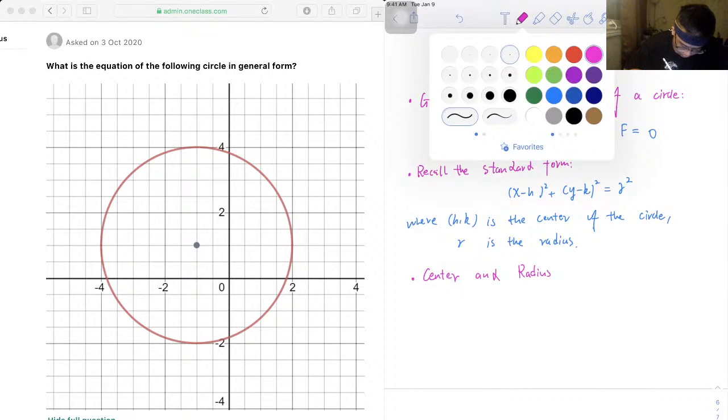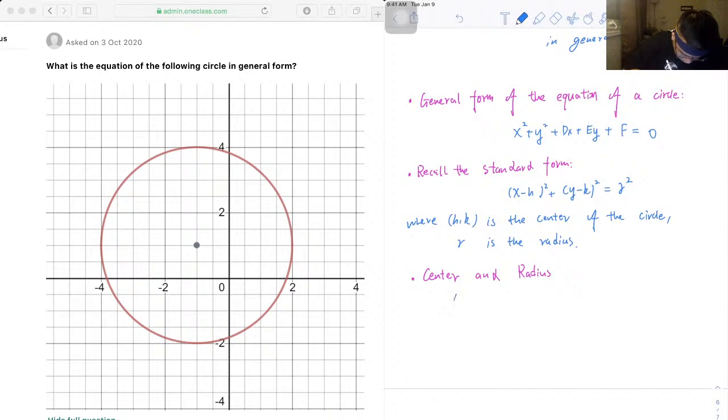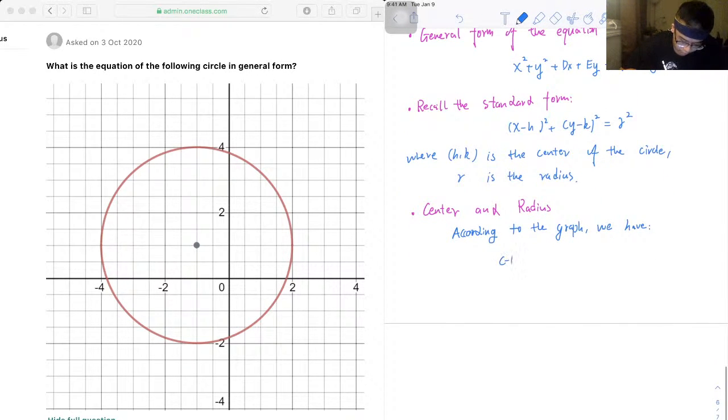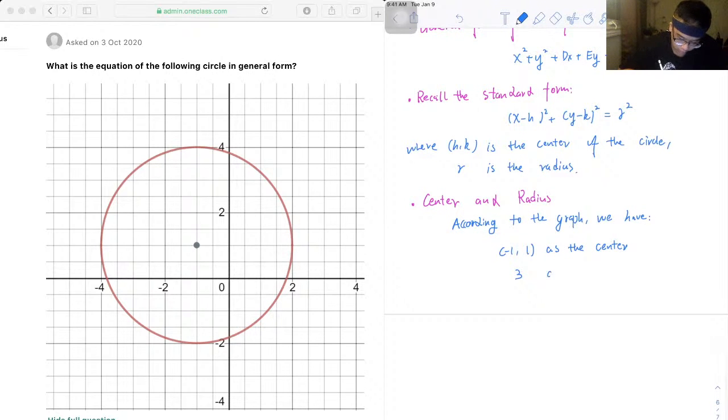According to the graph, we have negative 1 and 1 as the center and 3 as the radius.